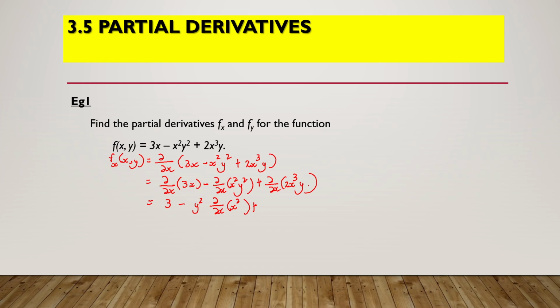Here 2 times y is constant, you can factor out, so you have 2y, and then del del x of 2x cubed. Del del x of x squared is 2x, so 2x y squared. Del del x of 2x cubed, we get 6x squared. So you have 2y times 6x squared.